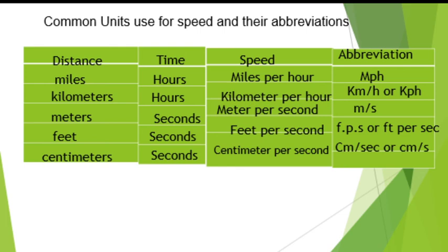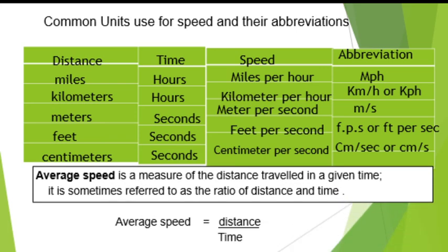Please take note of the abbreviations so that you will not be lost. And the average speed is the average measure of the distance traveled in a given time, sometimes referred to as the ratio. To repeat again, average speed is equal to distance over time.